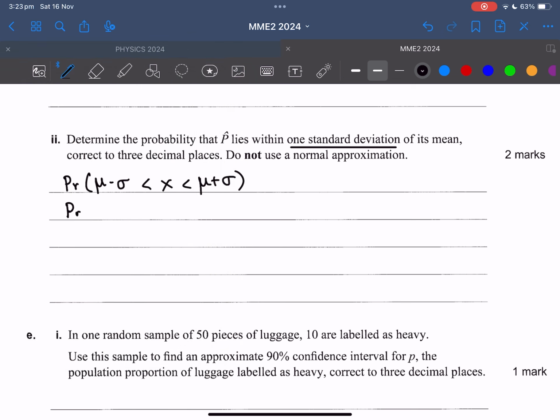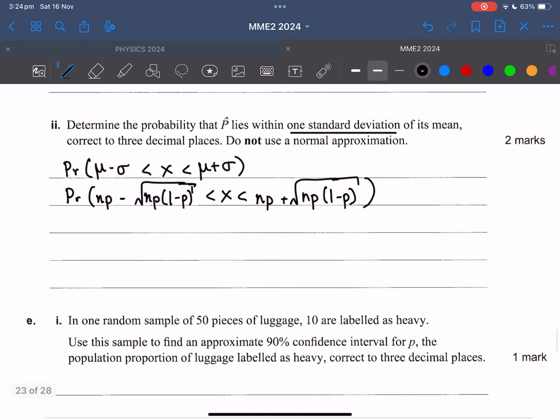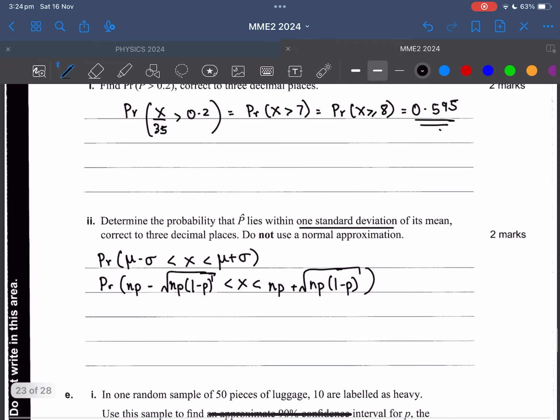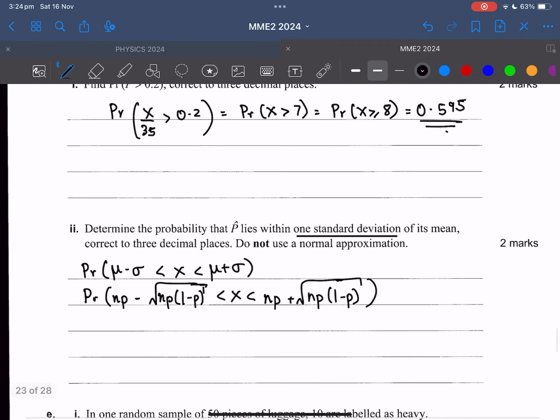So the probability that, how do we calculate the mean in binomial? It's just n times p. Take away the standard deviation, which is the square root of n times p times 1 minus p, less than x less than np plus the square root of n times p times 1 minus p. Okay, so what is our mean over here?